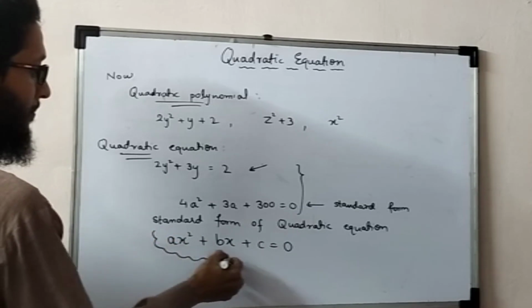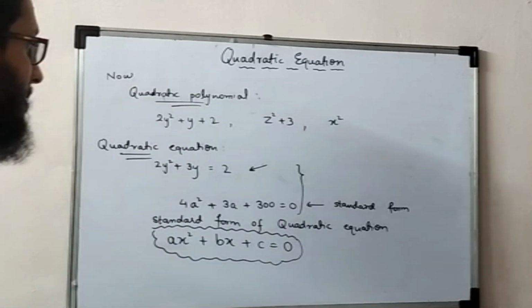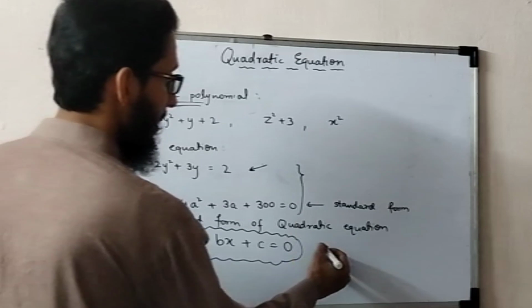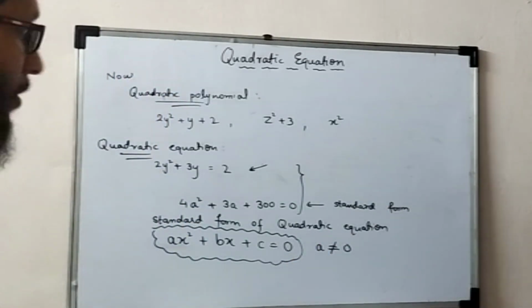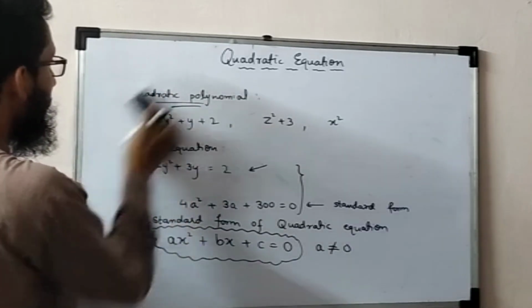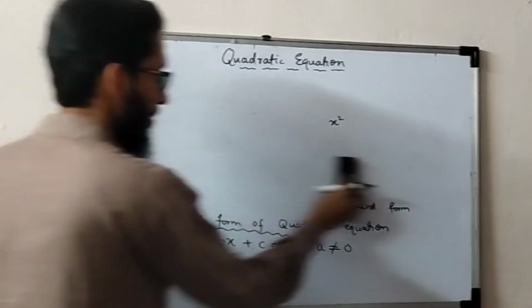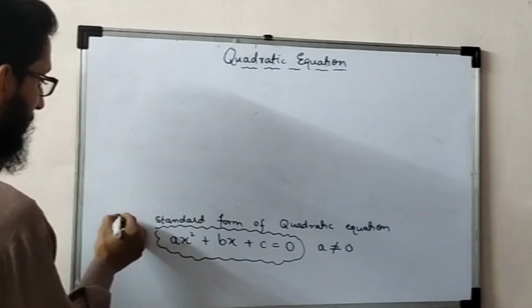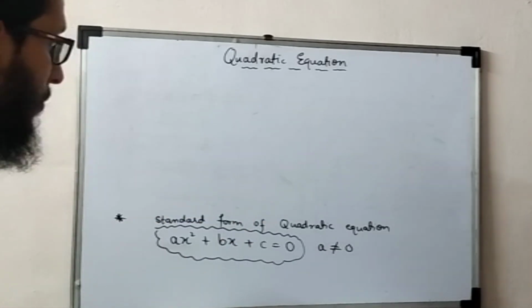This is the standard form of a quadratic equation, where a should not be equal to 0. Why is it so? The standard form of a quadratic equation is ax square plus bx plus c is equal to 0, and a should not be equal to 0.